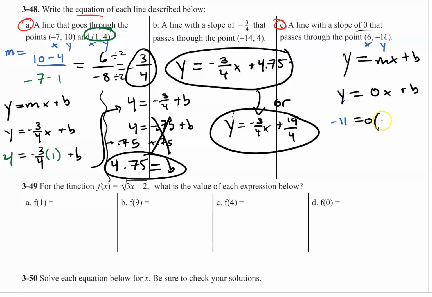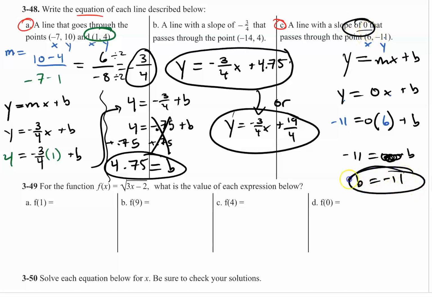The thing is, 0 times 6 is just 0. 0 times anything is 0. So you have negative 11 equals 0 plus b, which means that this is not really doing anything. B is negative 11. So you have a slope, you have a y-intercept, go ahead and write the equation on that one.